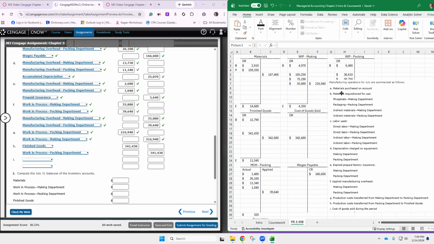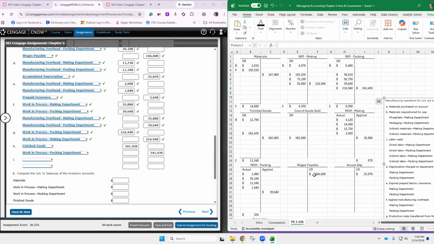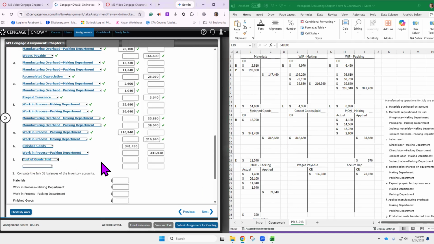Cost of goods sold is, and they're telling us what it is, 342,680. That's going to come out of finished goods and go into cost of goods sold. So cost of goods sold, they're telling us what it is. 342,680. And it's coming out of finished goods.